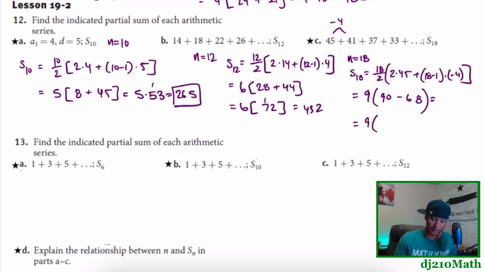All right, so 90 minus 68. What was that? 22? 9 times 22? So 9 times 2 is 18. Carry the 1. 18, 19. 198.